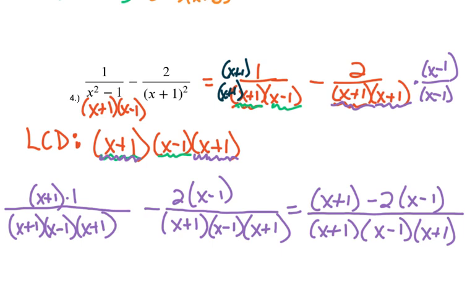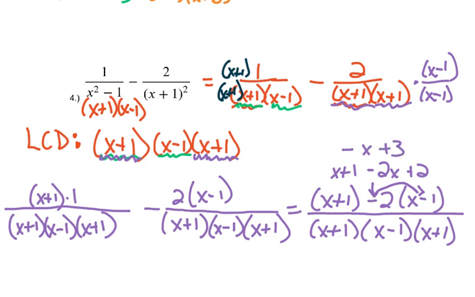We can continue to simplify and get x plus 1, and be careful of the negative sign, that's going to be a minus 2x, and then remember to distribute that, and that'll be a plus 2. And finally, we can combine everything and get minus x plus 3 for our numerator.